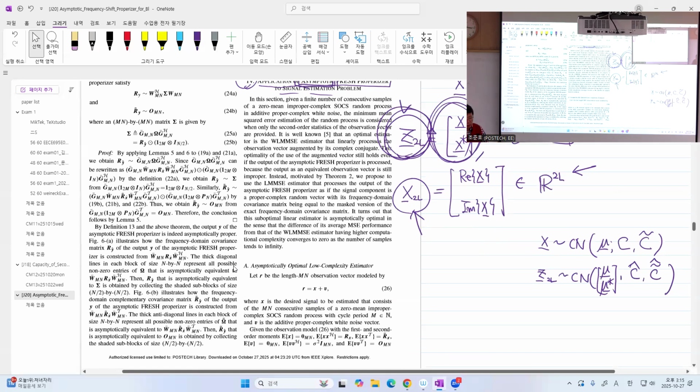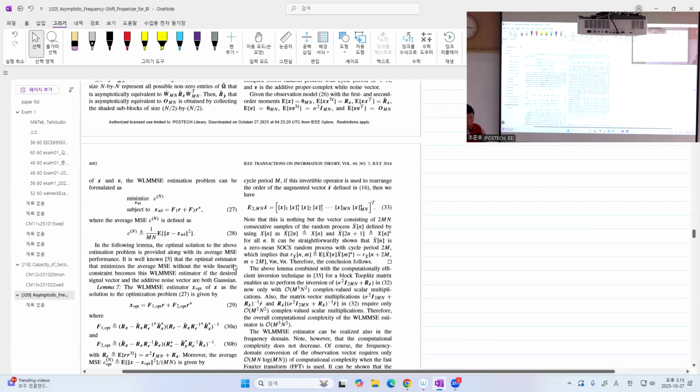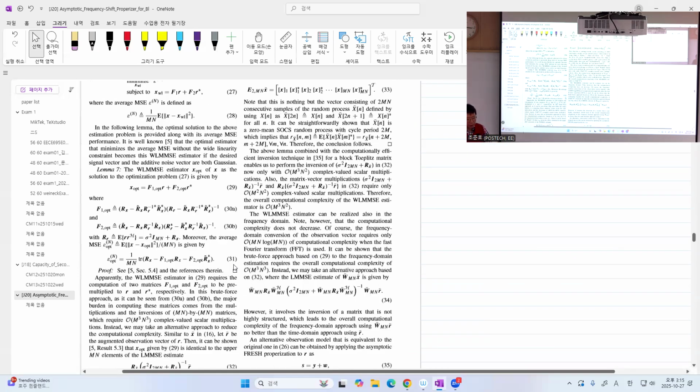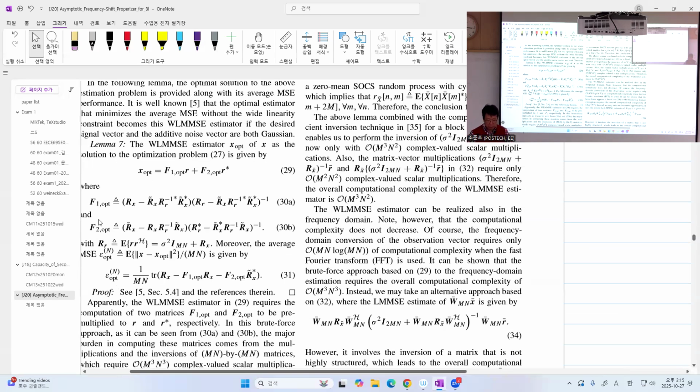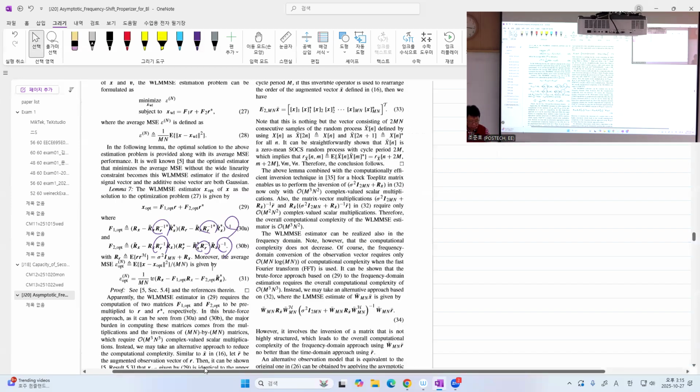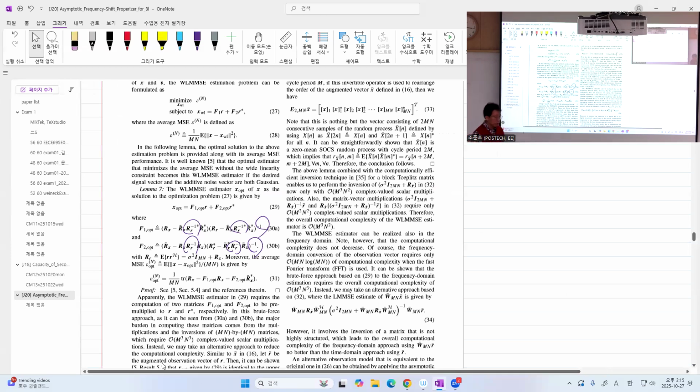We do not want to have that. Got it? Anyway, you will see a lot of complicated inverse of inverse, something like that, right?